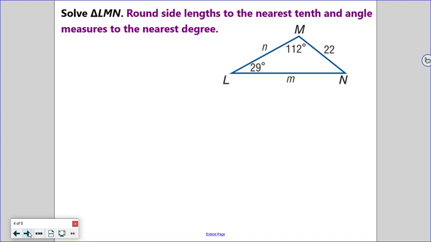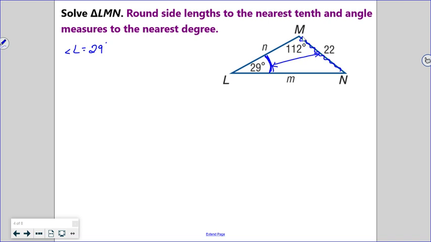So you can see up here the side across from the angle that we know, angle L, we know side L, and because we know those 2 values, we can use the law of sines to start attacking this problem. Okay? So the things we do know. We know angle L.